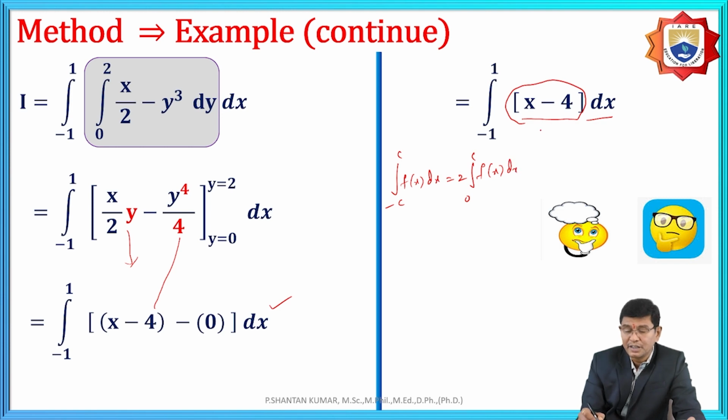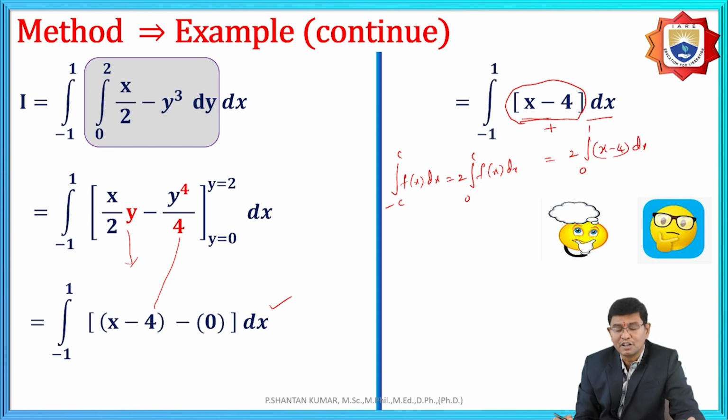Based upon this, here the function is even, therefore we change it to 2 into the integration from 0 to 1 of x minus 4 dx.